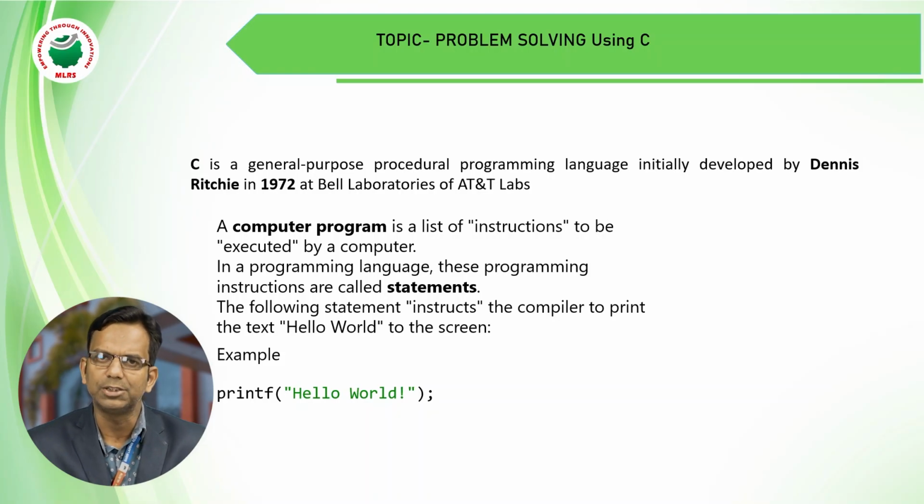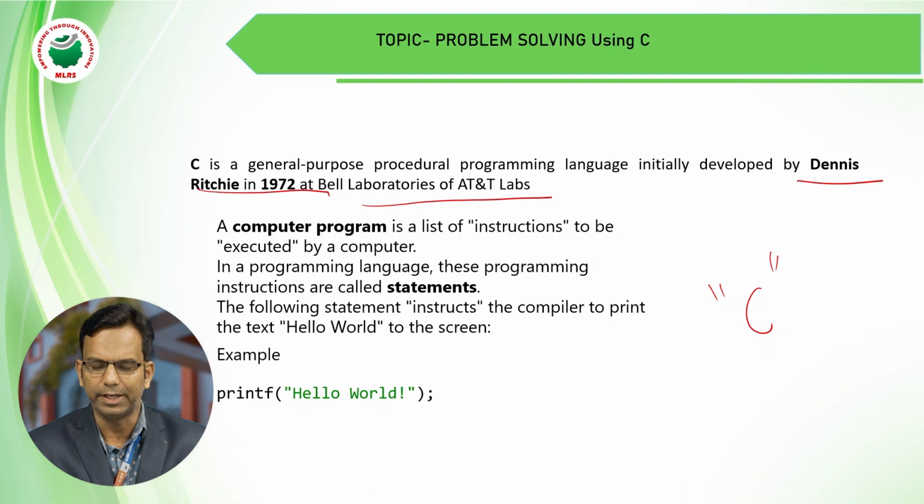After a few implementations and a few changes, he finally concluded that this was the programming language that could perform all types of mathematical, scientific, and engineering operations. Dennis Ritchie invented the C language in the year 1972 at AT&T Bell Laboratories, USA.